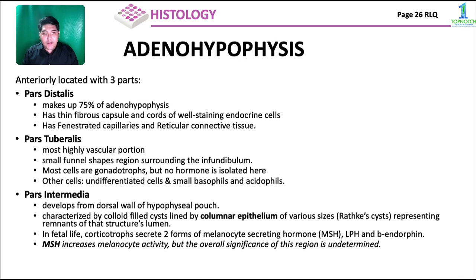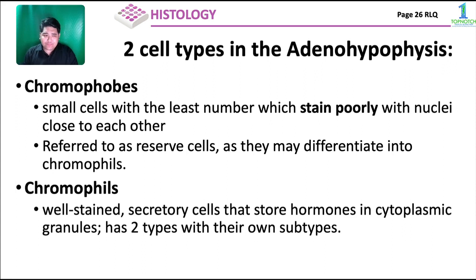Now, your anterior pituitary gland is located with three parts. Your pars distalis, which is 75% of the adenohypophysis. Then you have your pars tuberalis and your pars intermedia. Now, there are two cell types in your adenohypophysis.